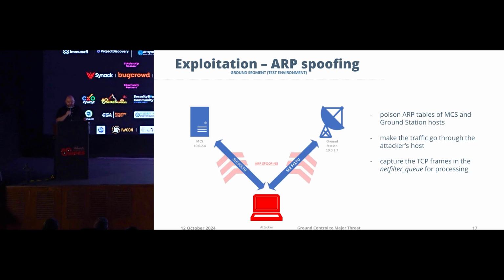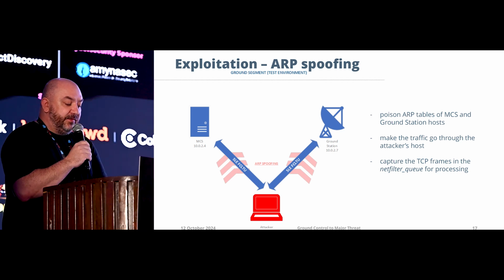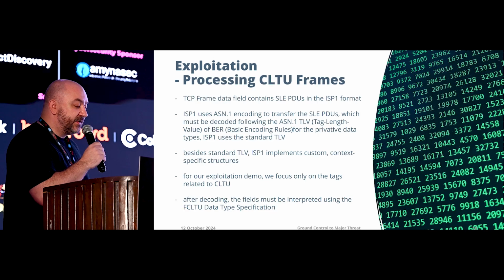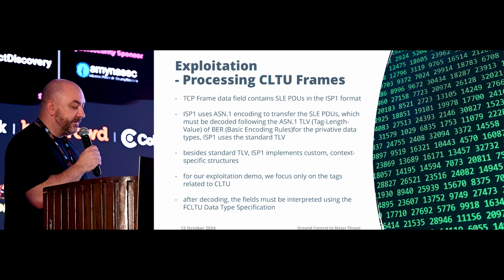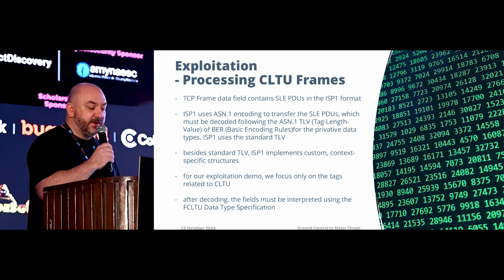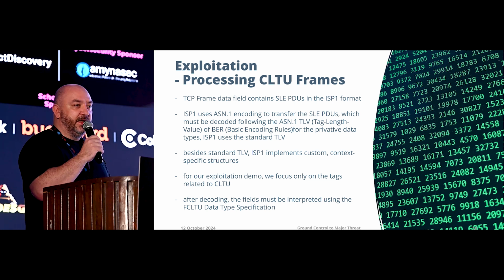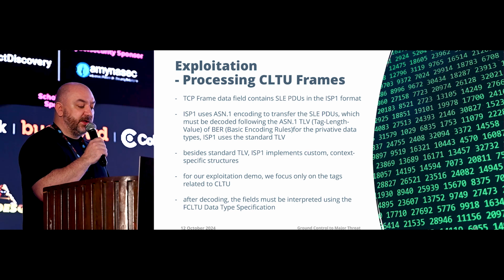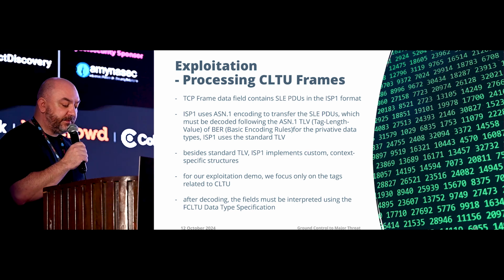I guess most of you know how ARP spoofing works. So we basically poison the ARP tables between the two nodes, which are the mission control system and the ground station. We put the packets in the NFQ filter for processing, and the processing is actually where the fun starts. Once we capture the frames, they contain the SLE PDUs, which are in the ISP1 format.